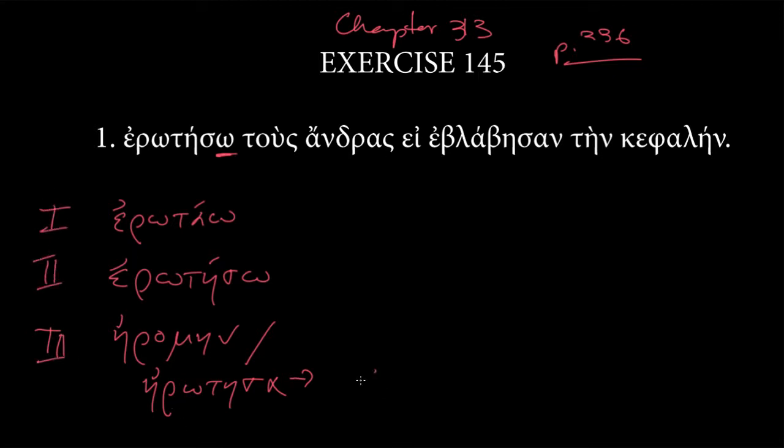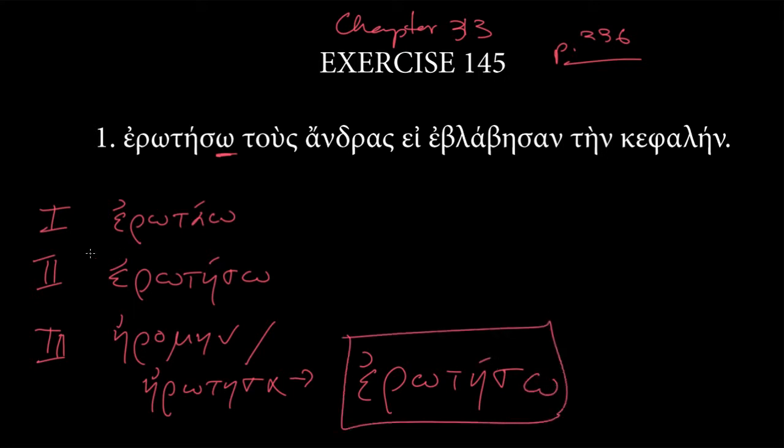So we do have an augment here, so if we were to remove the augment, we'd be left with this. And then if we wanted to put on the first person, say, subjunctive, the subjunctive would have no augment, so our subjunctive of the aorist is going to be identical in the first person singular to our future. So we don't know what this is going to be. If this were subjunctive, maybe we'd be thinking this is deliberative, right?